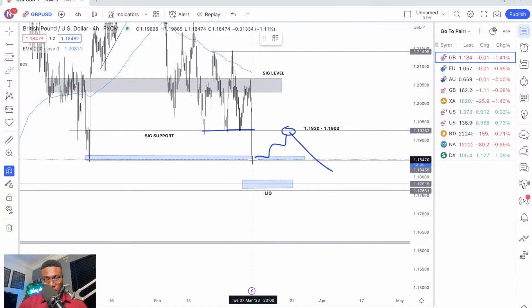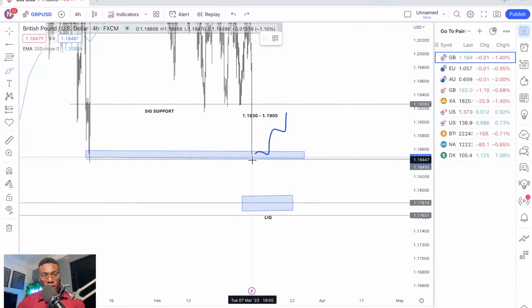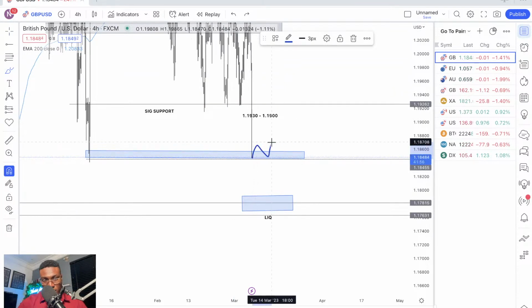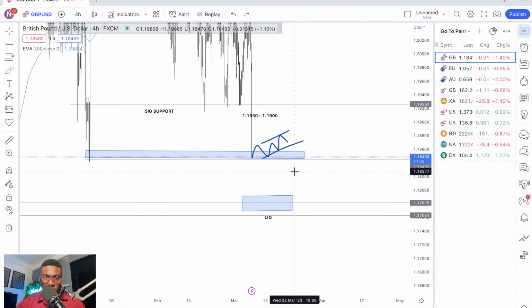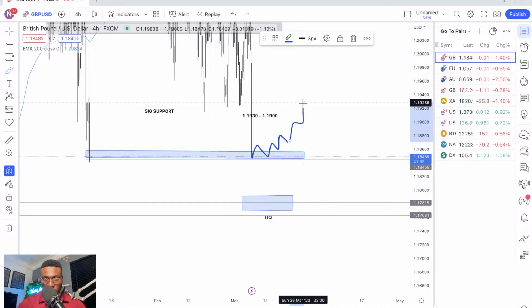So if we see that nice consolidation or retracement, just a minor one, then what you want to be waiting for is a breakout of that pattern to the downside, right? But if it doesn't happen like that and the pound dollar market is able to just rally up to 1.193 levels to 1.195 levels, then you want to start looking for sell opportunities here.